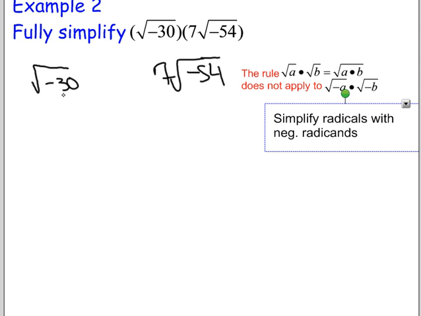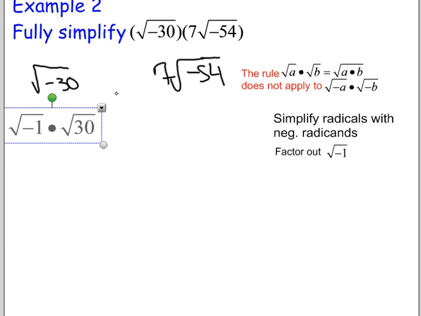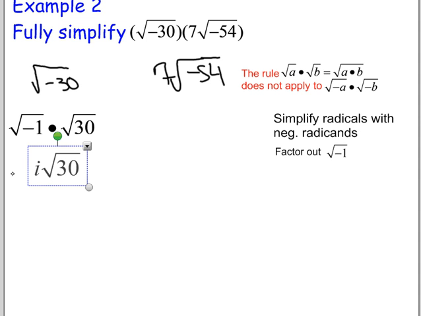So how do we simplify radical negative 30? Well, we're going to have to factor out a radical negative 1, like we did in the first example. And there isn't a perfect square other than 1 that goes into 30. So this is just going to simplify into i radical 30.